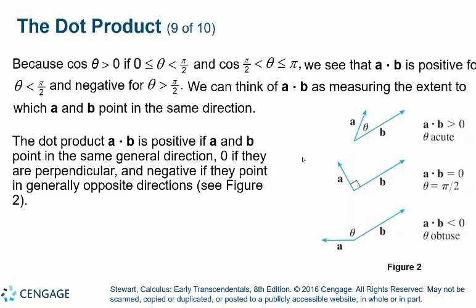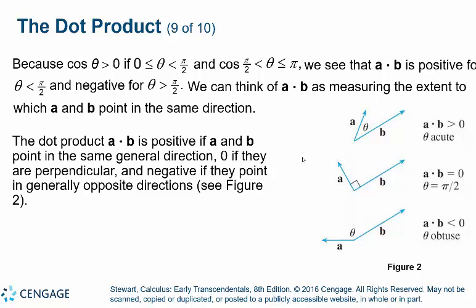Okay, so because cosine of theta is greater than 0 if theta is between 0 and pi over 2, and cosine of theta is less than 0 if theta is greater than pi over 2 and less than or equal to pi, we see that A dot product B is positive when theta is less than pi over 2 and negative when theta is greater than pi over 2.